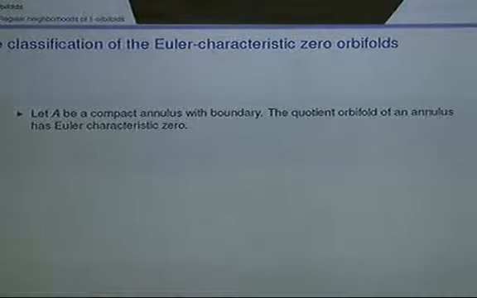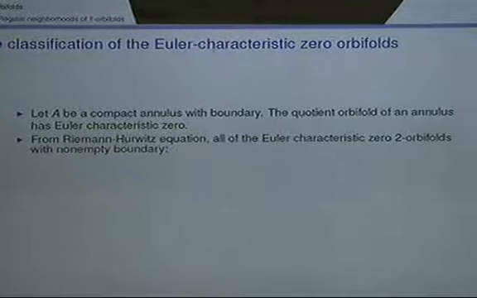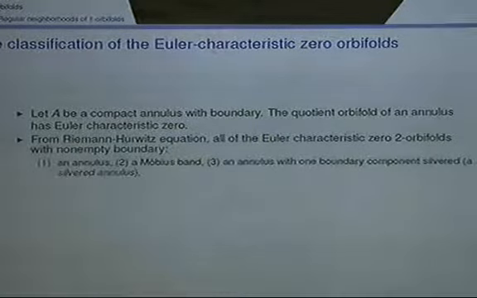So to understand what kind of topological operations we can do to these 2-orbifolds, we have to understand the Euler characteristic 0 orbifolds. The reason we need to do that is that the 1-orbifold you want to work with has to have some regular neighborhood. So this is going to be an annulus of Euler characteristic 0. So we can now classify Euler characteristic 0 2-orbifolds. These are going to be annulus or Mobius bands, or an annulus with one boundary component silvered.